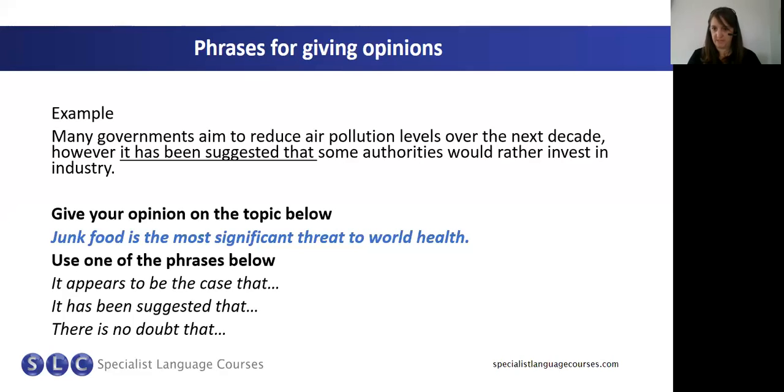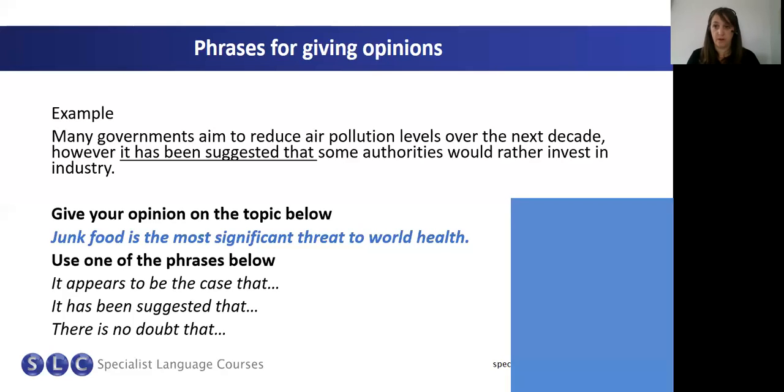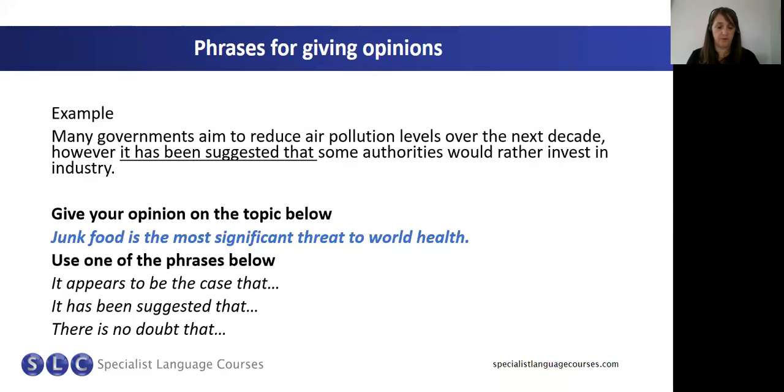Good, so we have a sentence from Simone. It has been suggested that junk food can prove itself a threat to world health. Great, so we're expressing opinion using present perfect passive in order to do that.